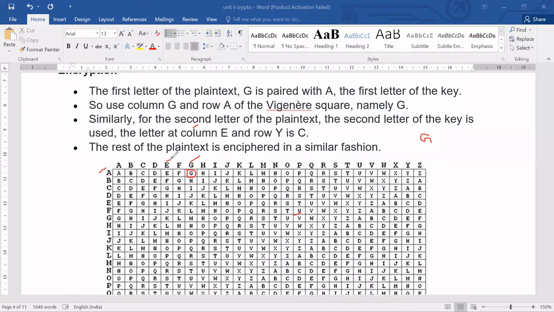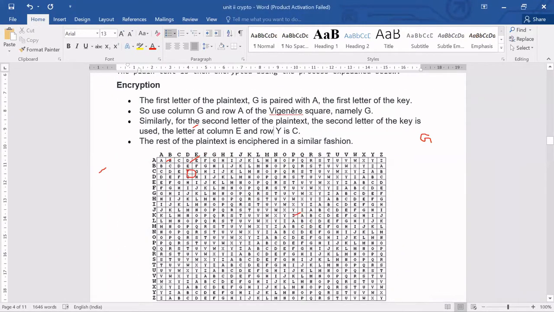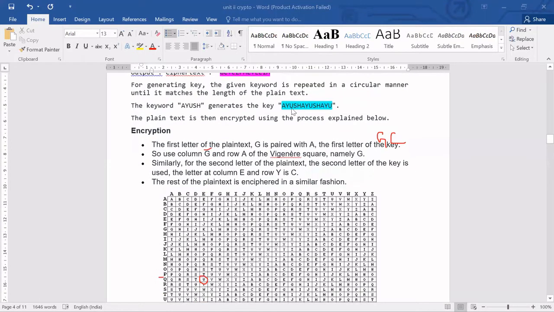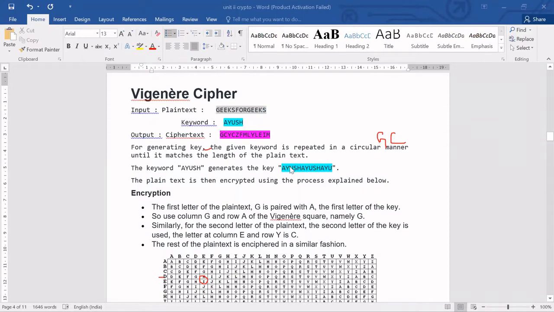E is here, and Y is here. So what is the corresponding value? That is C. So first was G, which we obtained, next is C. Next, here you have E, again you have U.